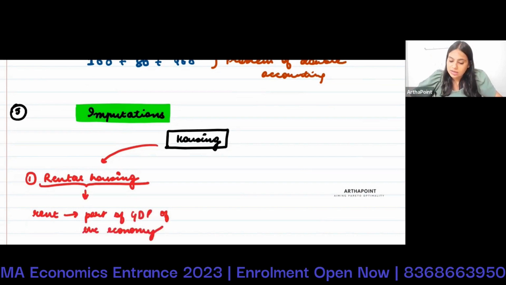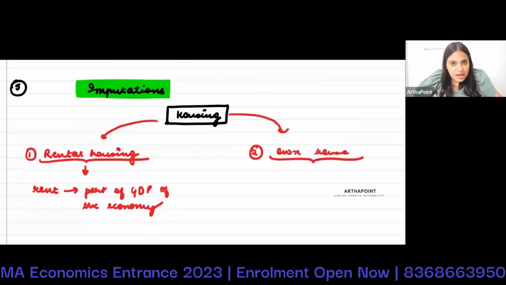But if we consider an own house, then I am not going ahead and paying any rent. But if I wouldn't have lived in this house, I would have definitely paid money to someone. So for example, there can be two cases.